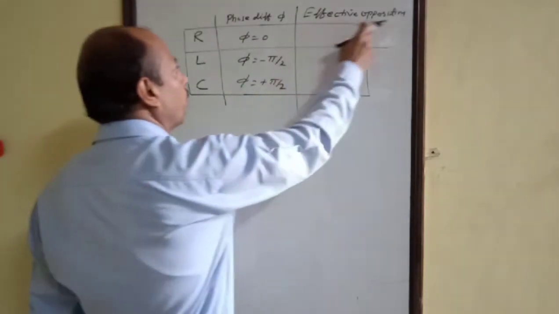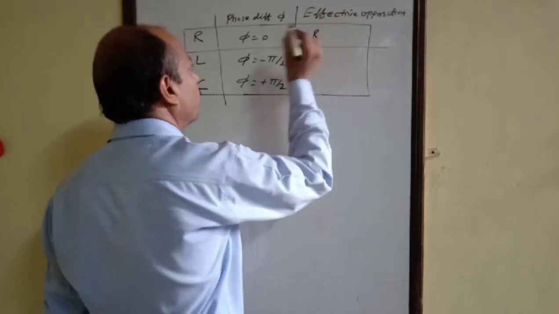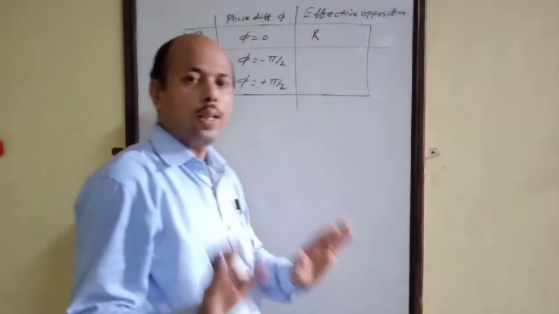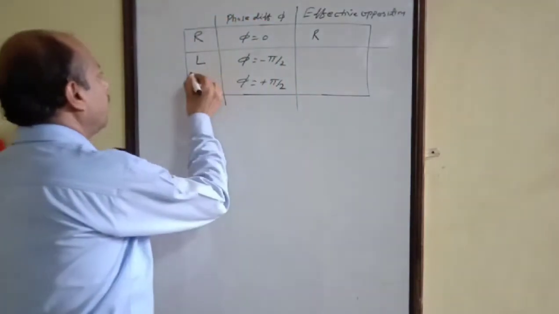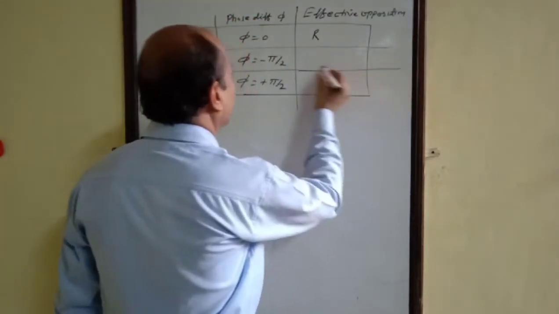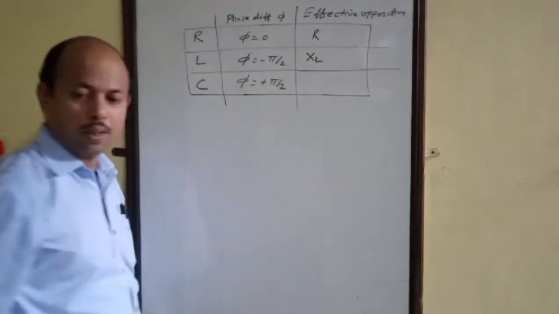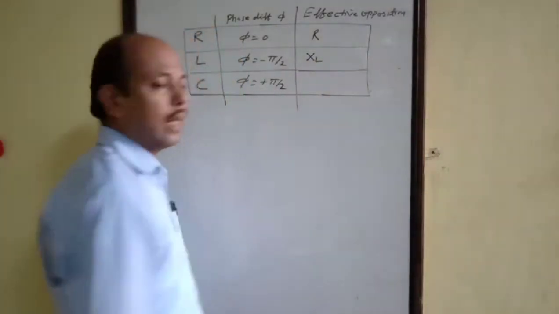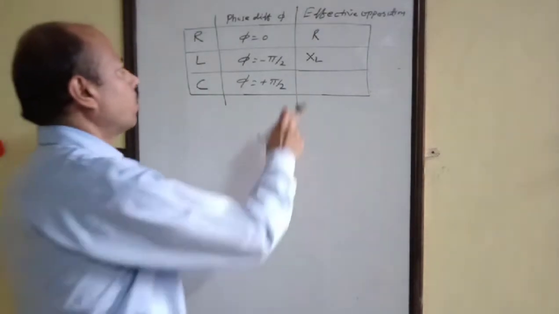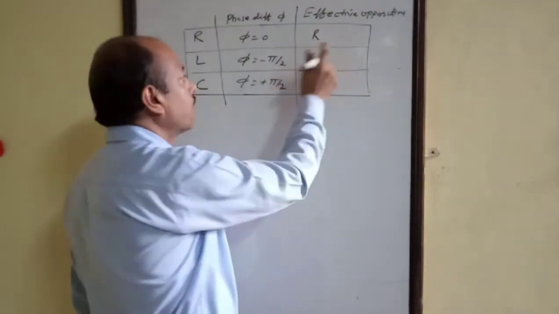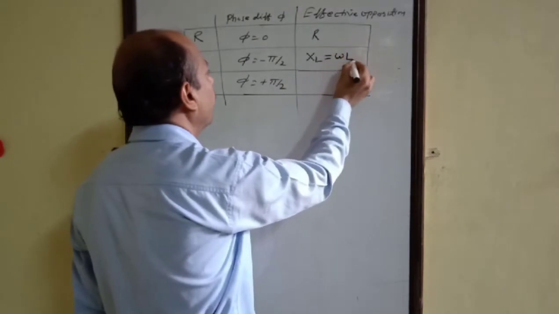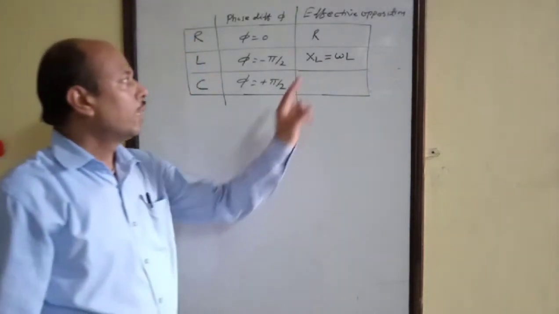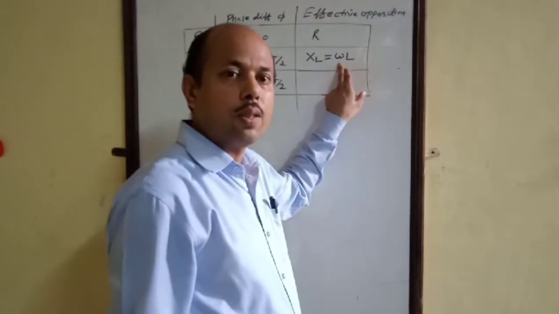Now effective opposition. Here, for the resistor, effective opposition is R, that is known as resistance. In the case of inductor, the effective opposition is denoted by XL, that is known as inductive reactance, which is equal to omega L. It depends upon frequency, it is directly proportional to frequency.